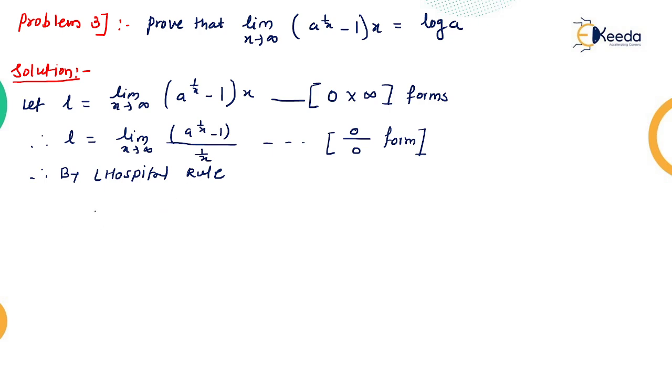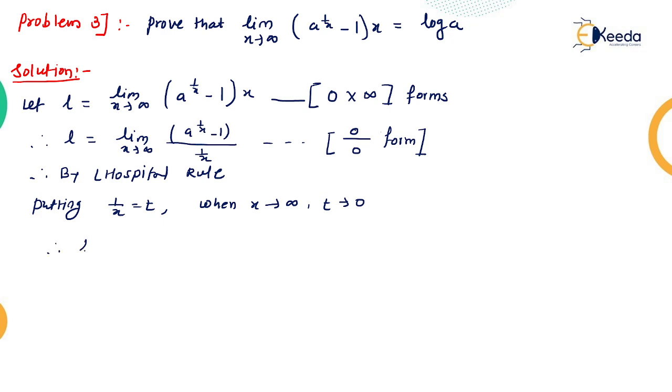Put 1 by x equal to t. When we replace x with t, the limits also change: when x tends to infinity, t tends to 0.